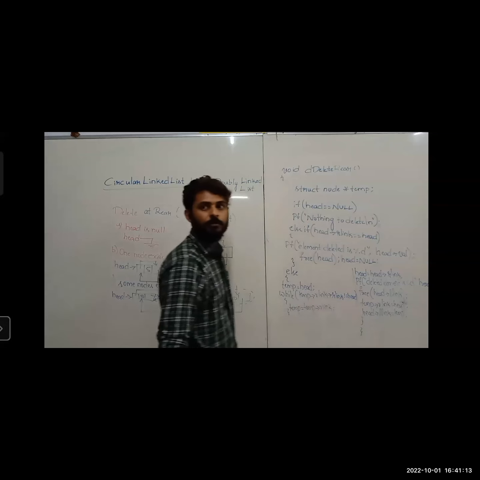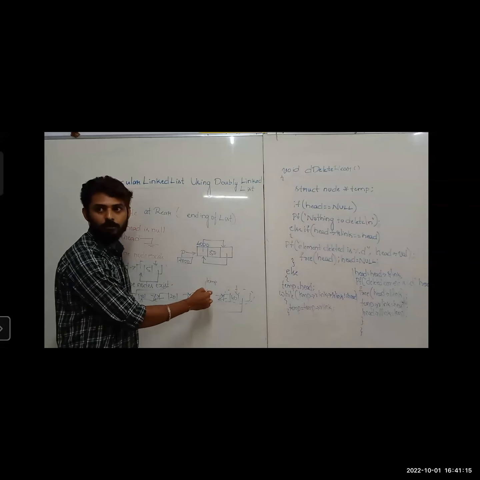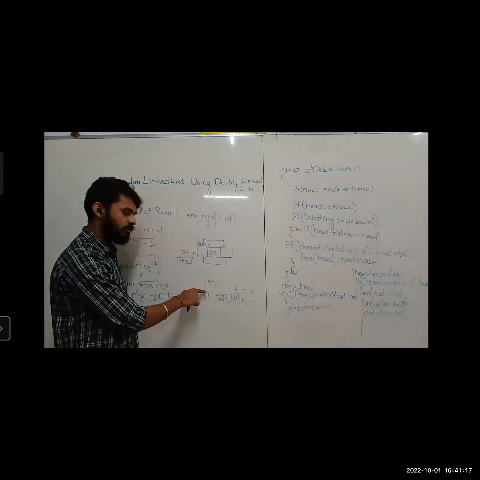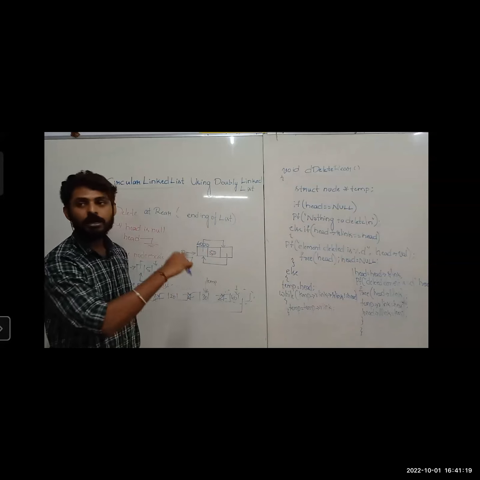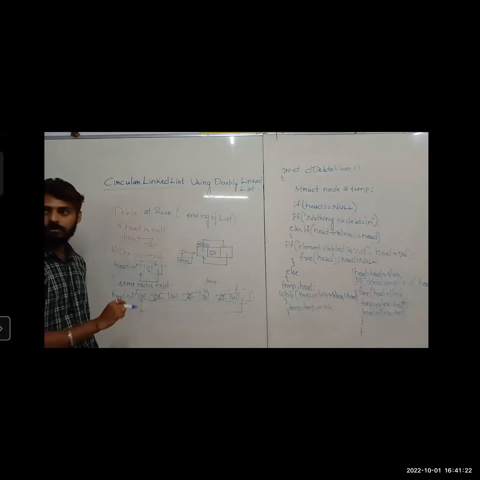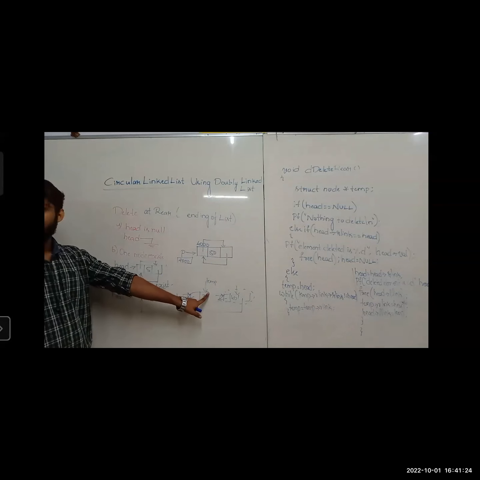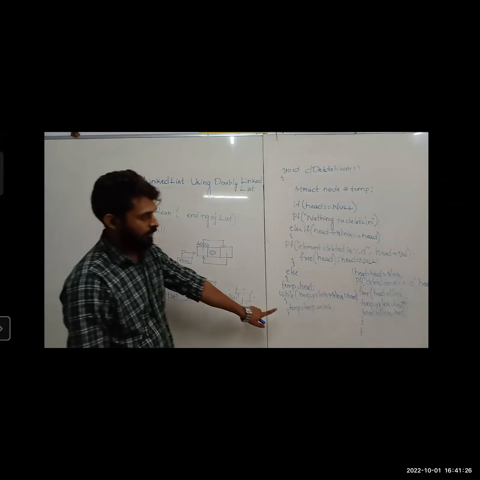Because I want to stop it here itself, I don't want to go till there. So as I want to stop here, I'm writing temp's rlink not equal to head, then stop. Now it will stop here. Next, what should I do? Remove head here.